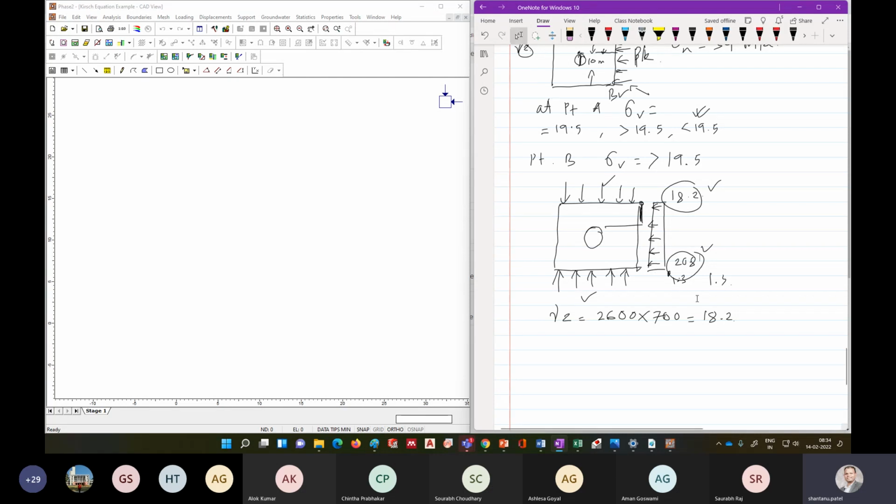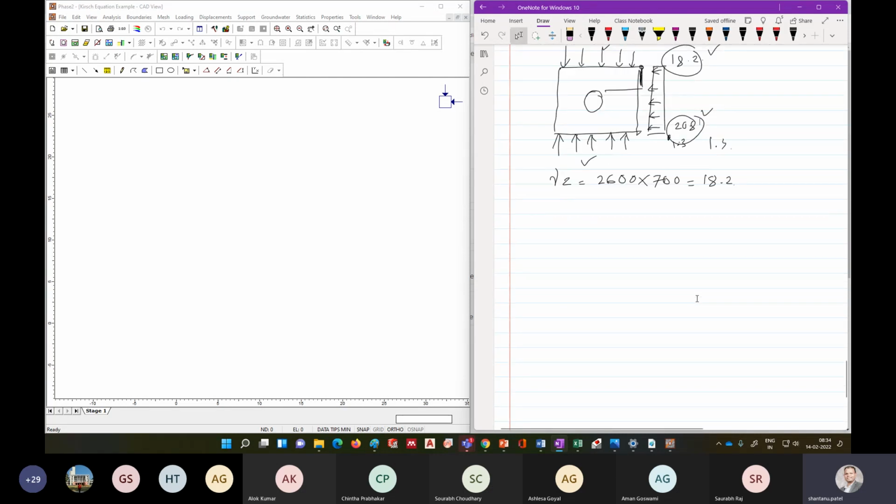But this Scott's equation, let's say the tunnel is 50 meter deep, you cannot apply Scott's equation. Is this clear?